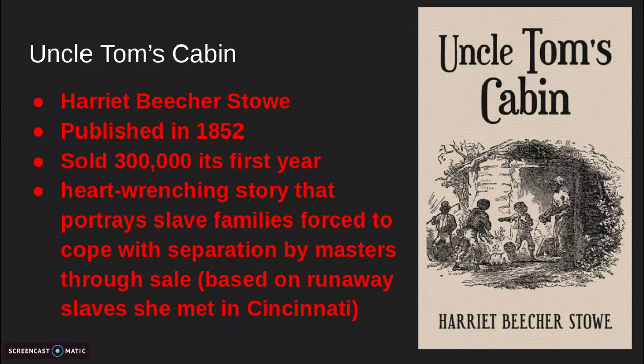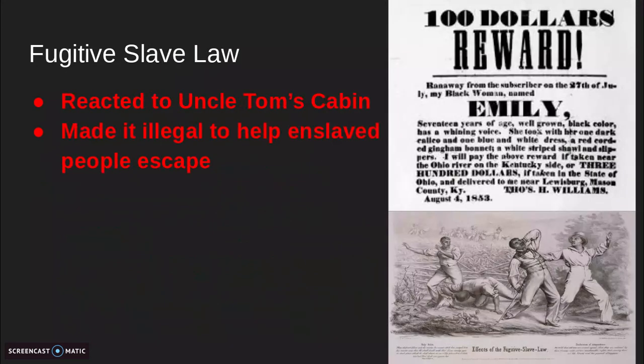So it was a big deal, and it actually made Southerners mad. And they led the passage of the Fugitive Slave Law. And this was a reaction to Uncle Tom's Cabin, because a lot of people got the courage and the motivation to help runaway slaves.